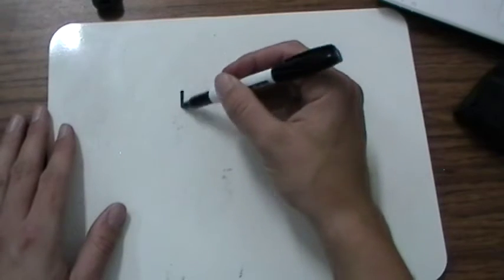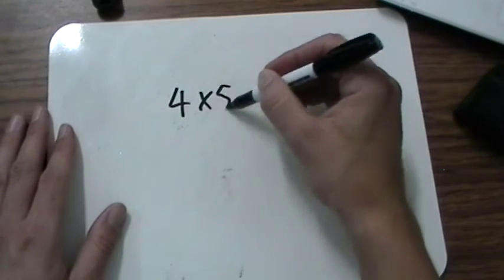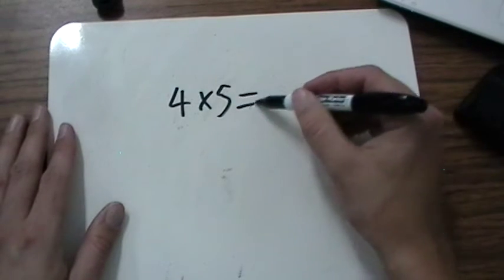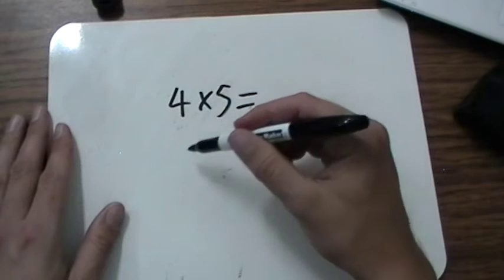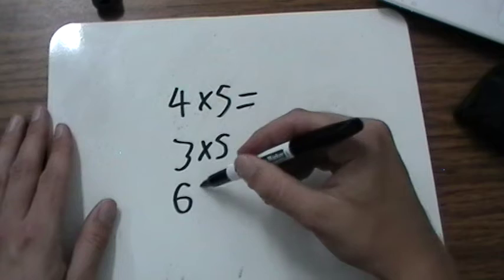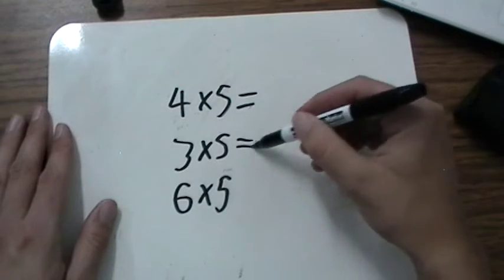First one is just some basic math facts, okay? So if you tell me, well, what's 4 times 5, right? That's something I want you to have memorized by now. If I give you 3 times 5, if I give you 6 times 5, okay?